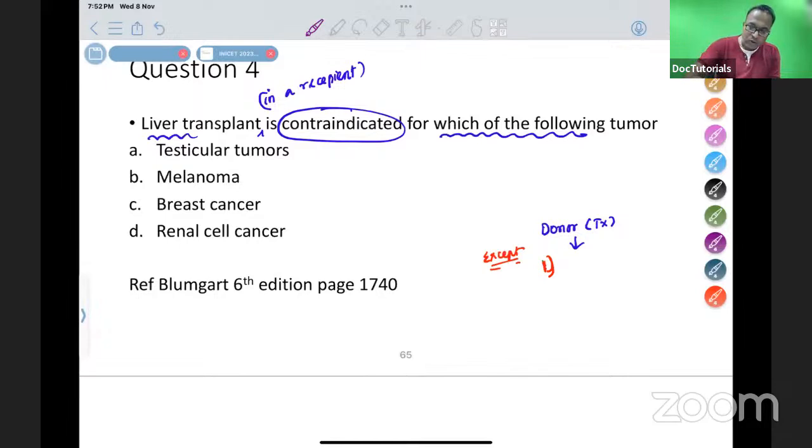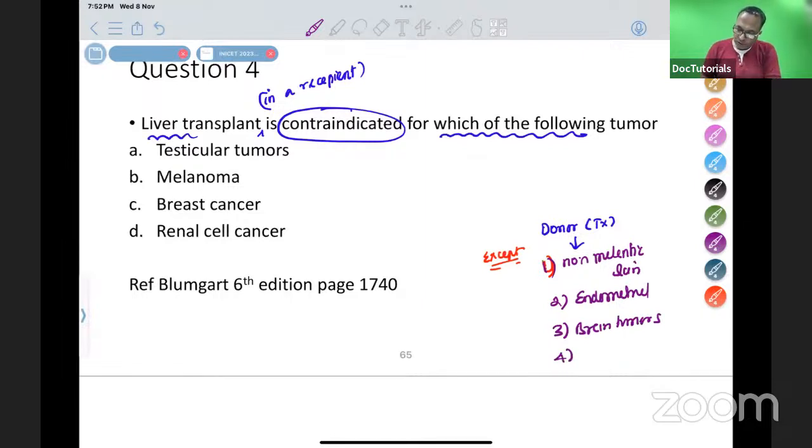And any cancer more than 5 years before will not have recurrence now. So only these people can donate.